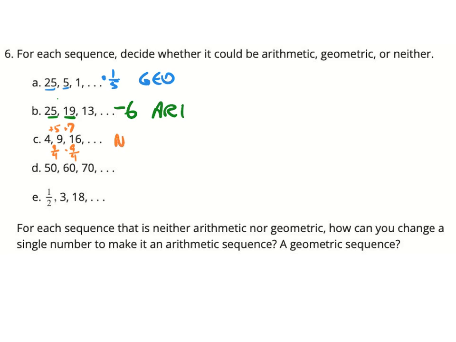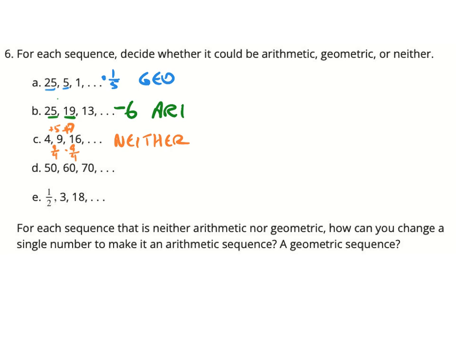So this is neither. So when you get one that you're not sure about, you have to try adding and subtracting. Also, you have to try multiplying and dividing. So I divided the 9 by the 4, and then I figure if that was my factor, it should work between every term.